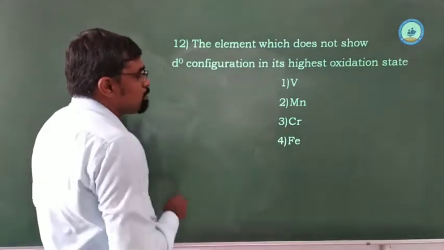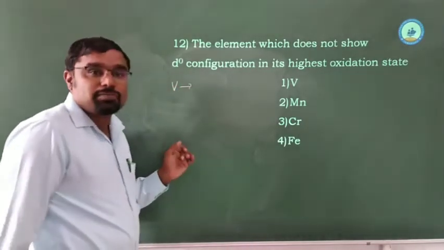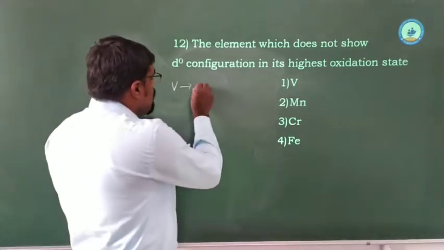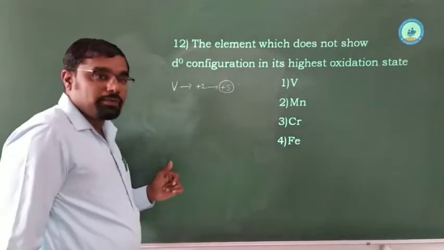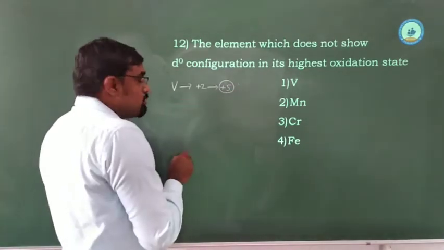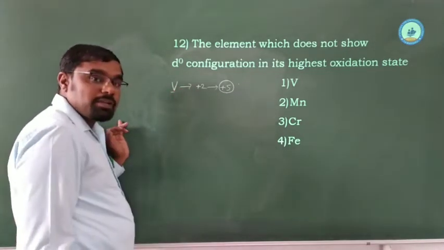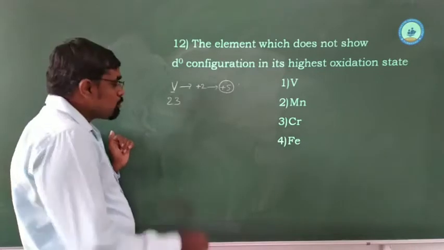Now see vanadium. What is the oxidation state of this one? +2 to +5. The highest oxidation state is +5. Now what is the atomic number? 23.